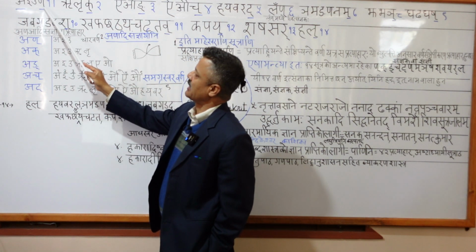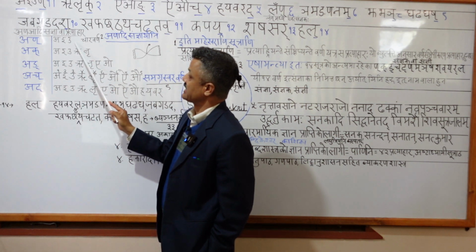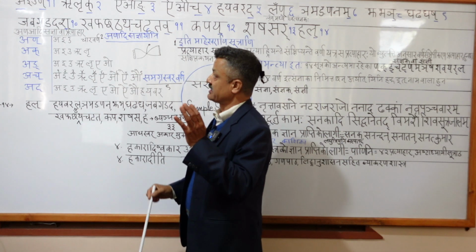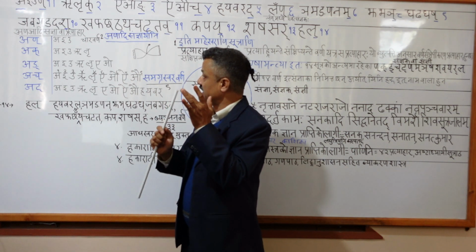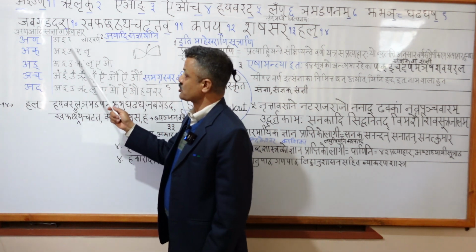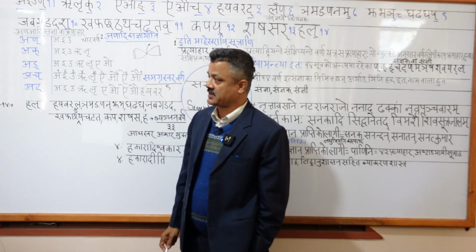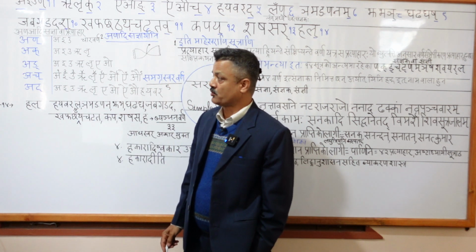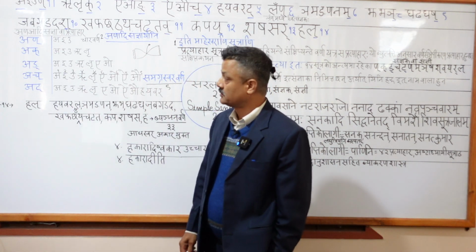We don't write the last consonant here. That means an contains the vowel sound A, the vowel sound E, and the vowel sound U. But we don't talk about the consonant na. So this is called an pratyaya, P-R-A-T-Y-A-Y-A, and pratyaya means a formula.